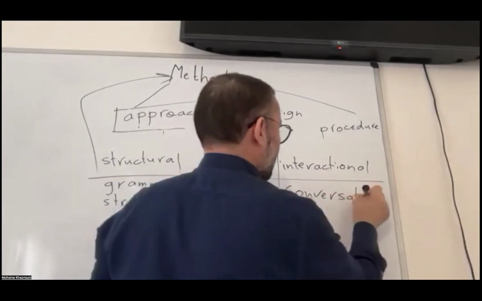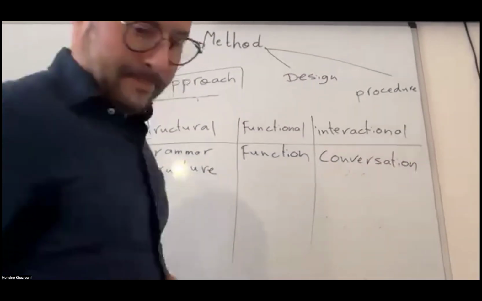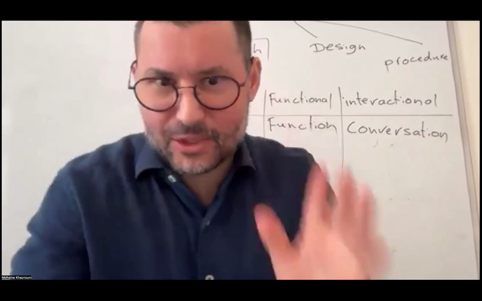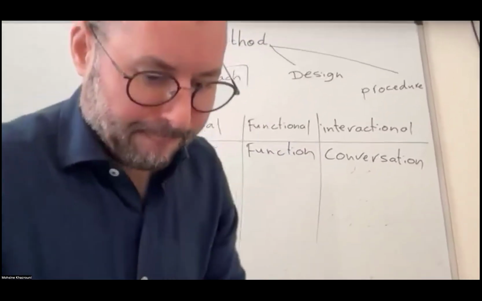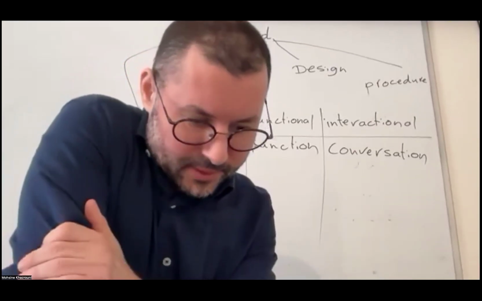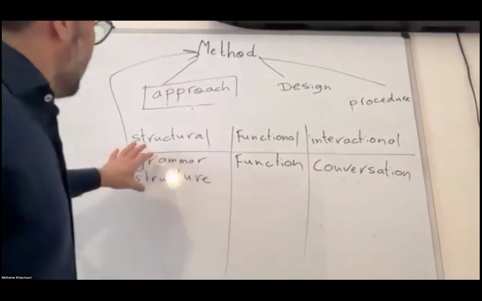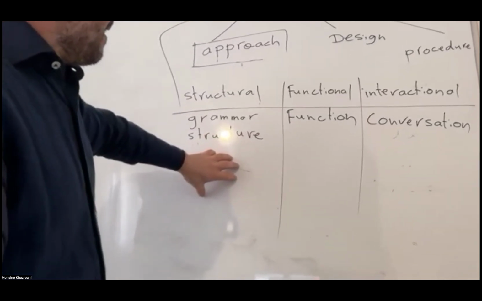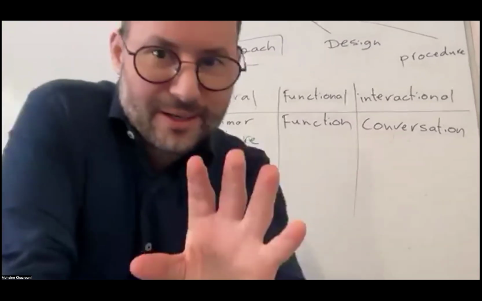I'm sorry, Rida, would you like to repeat that? I didn't get your point. Okay, sir. I told her that we can merge functionalist and structuralist. For example, when we are teaching students some expressions about apologizing or request or whatever.